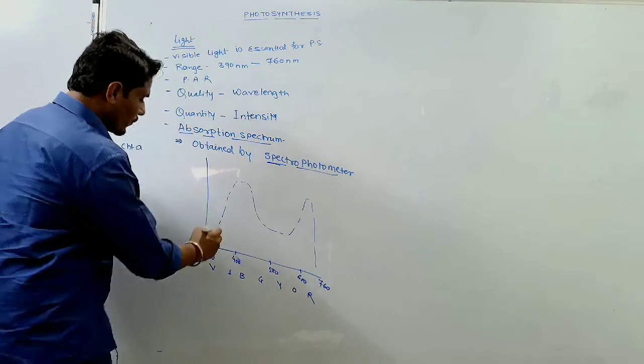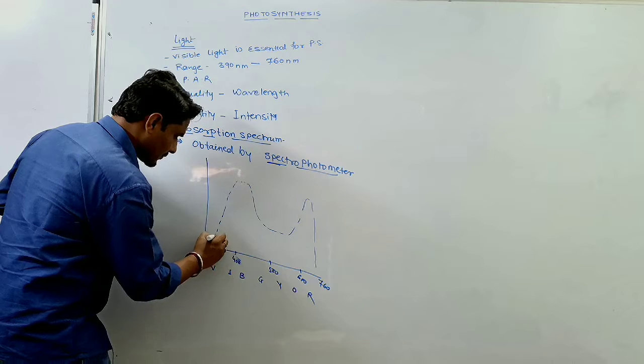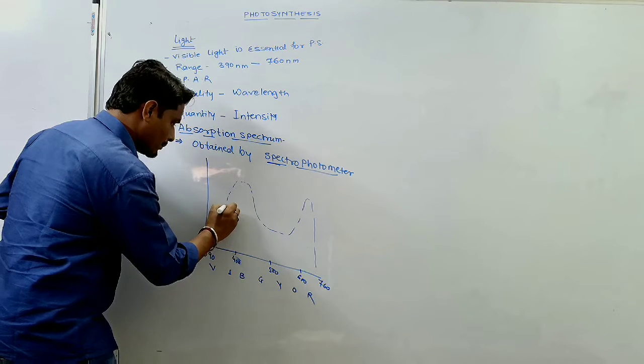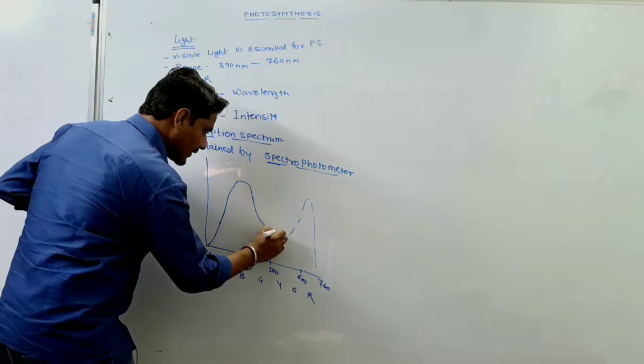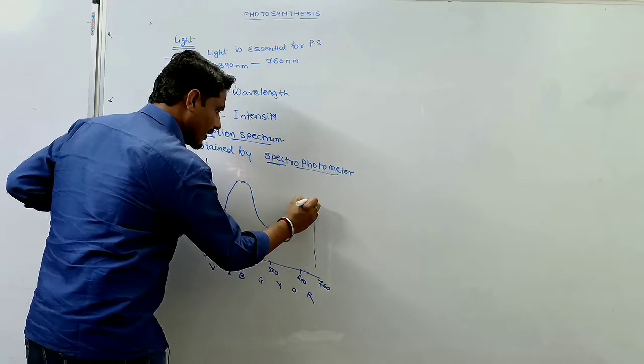Chlorophyll A absorbs maximum light at the blue region as well as at the red region.